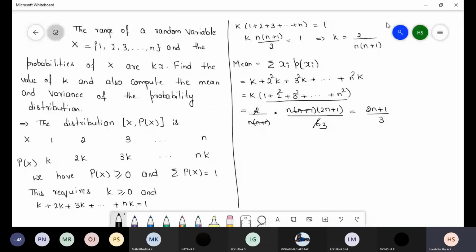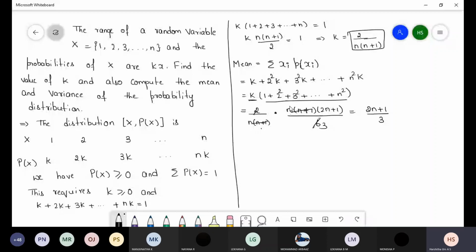Here I just wrote in the place of k 2 divided by n into n plus 1, and for 1 plus 2 square plus 3 square up to n square I have written the formula, n into n plus 1, 2n plus 1 divided by 6. This is the formula for the sum of all the squares. N into n plus 1, n into n plus 1 get cancelled. 2 ones are 2, 3 twos are 6. So we get 2n plus 1 divided by 3.